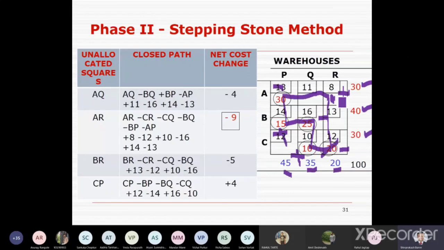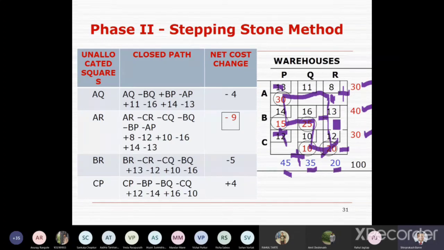Allocated cells means units are already there. Whatever the starting point, you have to come back to the same point, then only it will become a closed loop. So I started from point AR, and I can go down or go left, by vertical or horizontal line, and I can change direction wherever there are allocated cells.